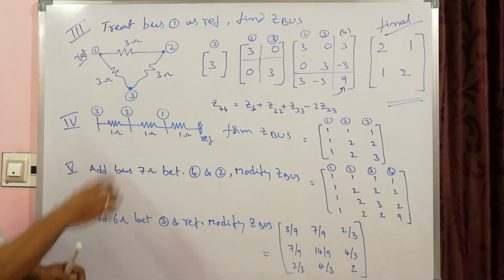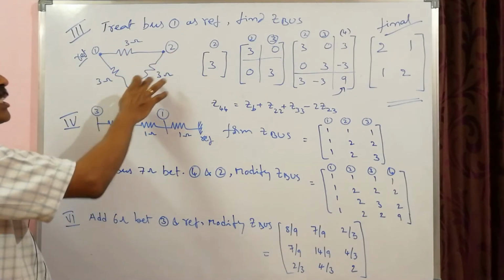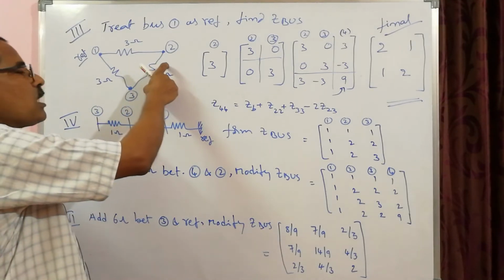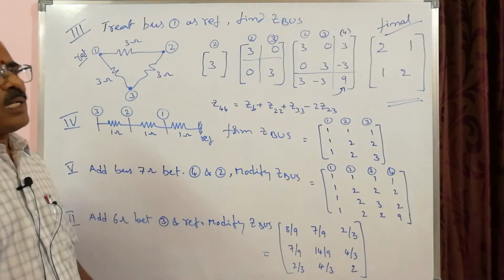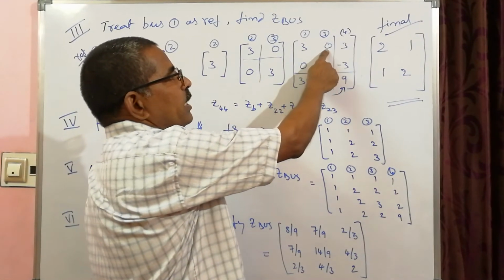Okay. So these two are over. Third, I am adding now between two existing buses 3 ohms. So when 3 ohms is getting added between two existing buses, the procedure is 2 minus 3.